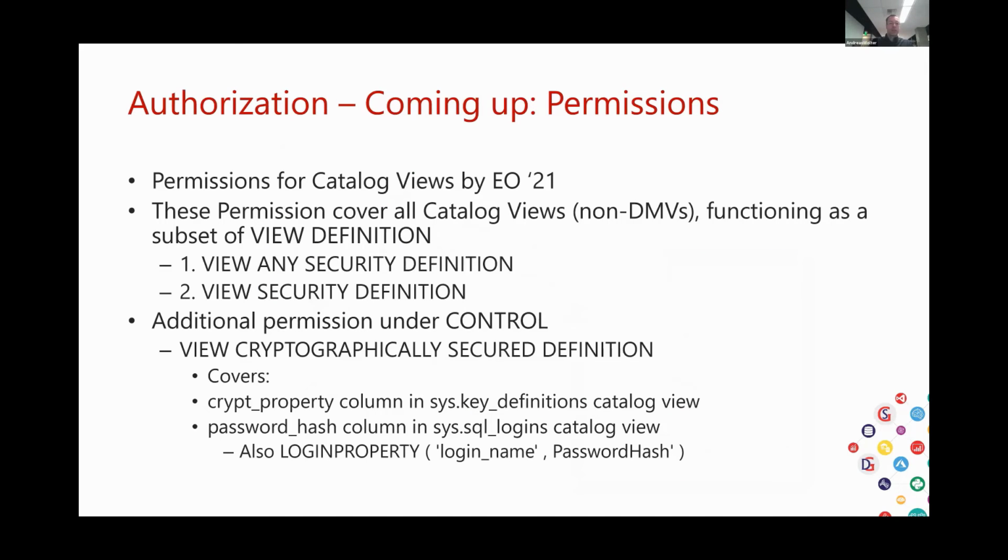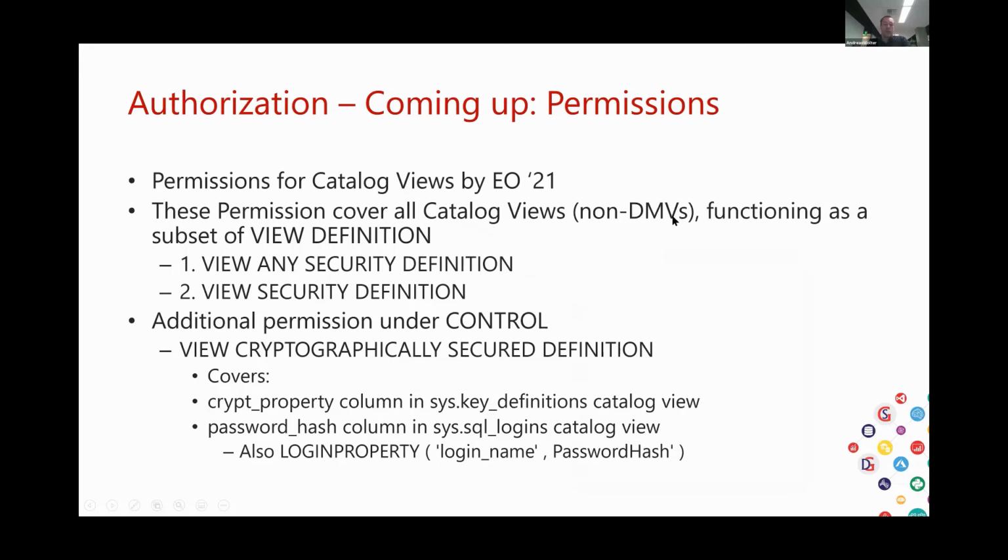There's another piece, these are the catalog views. Catalog views are not covered by state. They are covered by view definition. And there we have VIEW ANY DEFINITION for server level and just VIEW DEFINITION on the database level. And here I did a similar thing, but not as complete.